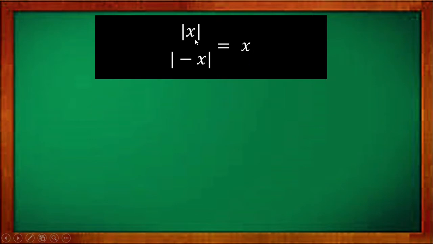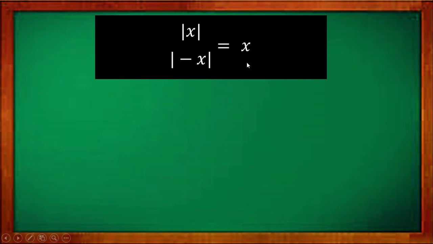So, ibig sabihin, positive number at negative number, parehas lamang silang mag-a-arrive at a positive number. Hindi ito pwede maging negative x dahil ang sabi natin kanina, ang absolute value ng isang number ay laging positive. So again, absolute value of a positive number and absolute value of a negative number always arrive at a positive result.